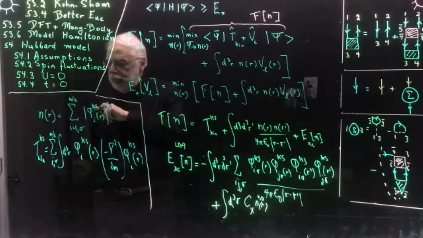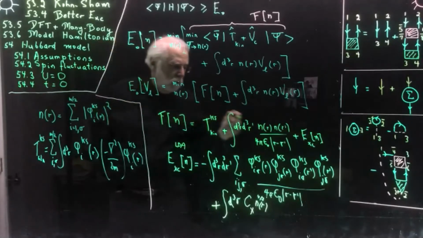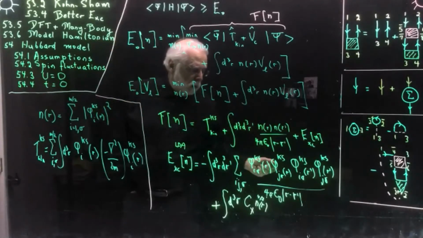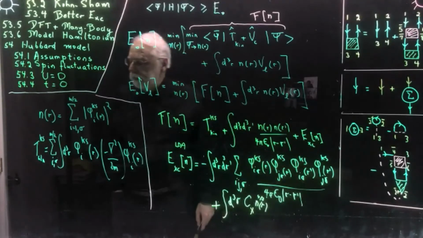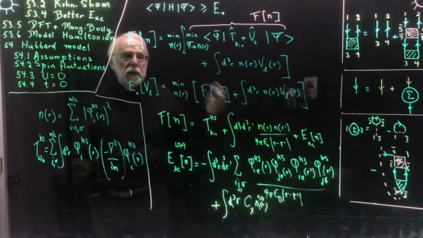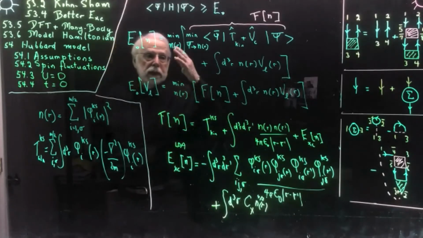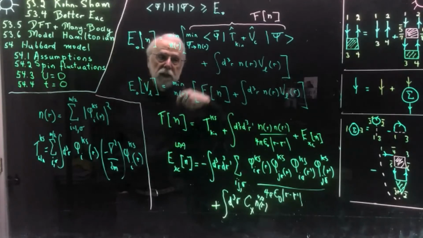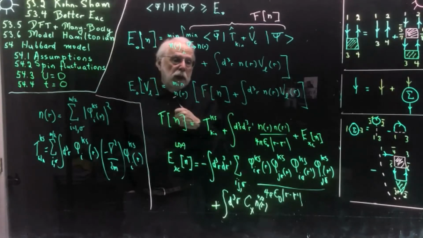Once you minimize with respect to these orbitals, you get the differential equations. And these differential equations are like the Hartree-Fock equation.